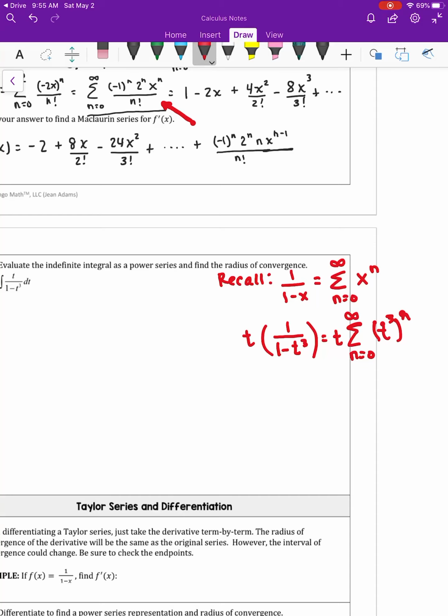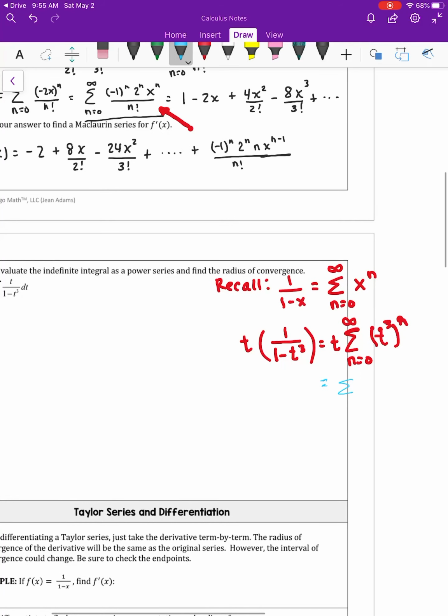So do you see how we're using that main thing that you're going to keep on your piece of paper, just in case you have one of these on your free response, and you're going to say, oh, I can use that to get my t over 1 minus t cubed.